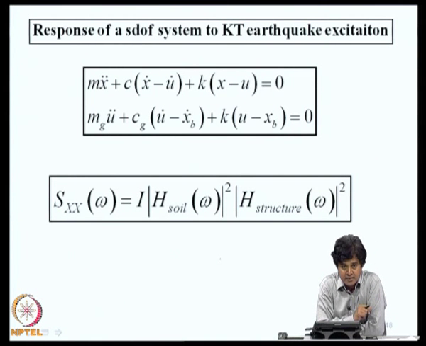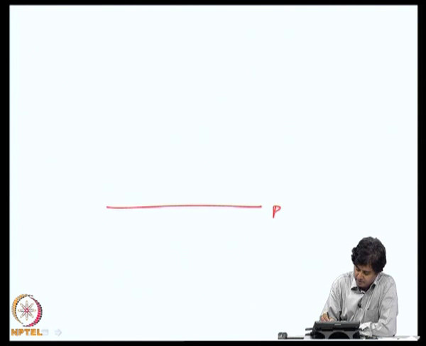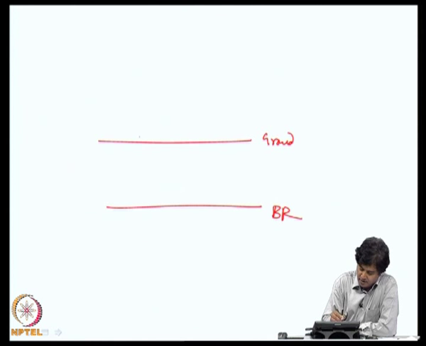Now, how does the system itself respond to Kanai-Tajimi ground motions? So, this is my structure, that means I have bedrock, this is ground, and on this I have my structure.